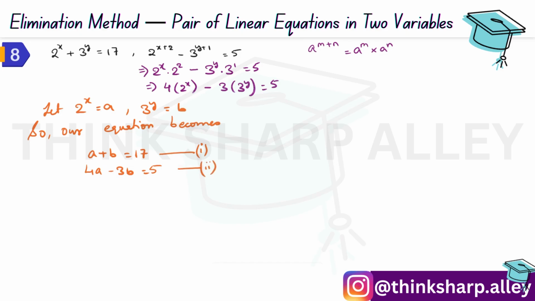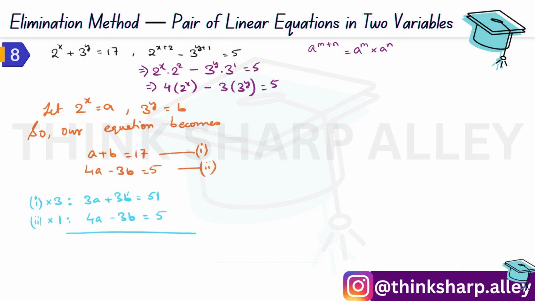Now we'll apply the same elimination method. Obviously, I'll choose b over here. Now you know why. I'll multiply equation 1 by 3 and equation 2 by 1. So my equation 1 becomes 3a plus 3b equals to 51. And equation 2 remains as it is.